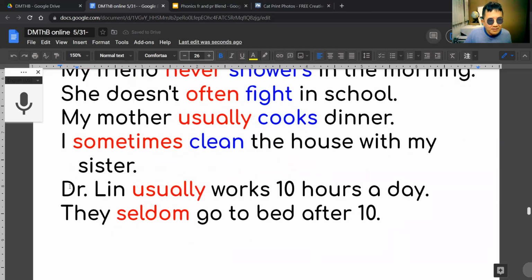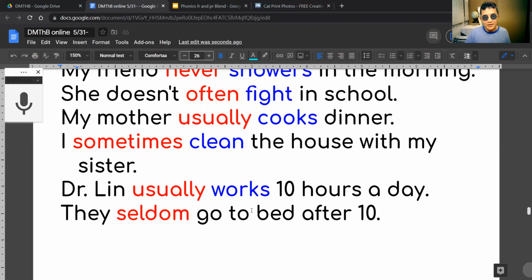Let's go on. Dr. Lin usually works 10 hours a day. What is the common verb? The common verb is works. Where is the adverb? It is before the common verb. Usually works, right?